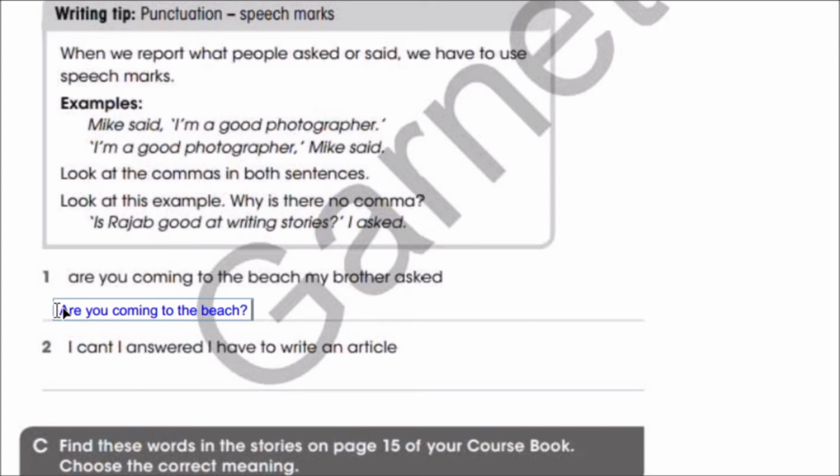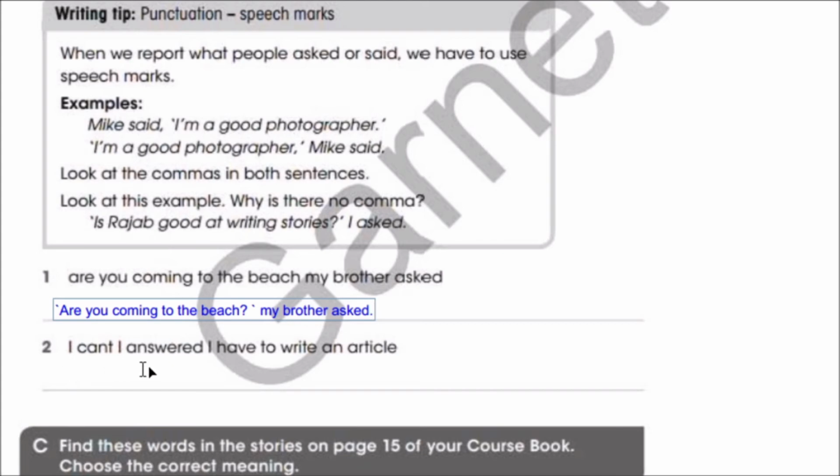And then we put another apostrophe and we say "My brother asked." Very good. "Are you coming to the beach?" We used two speech marks here and here, and then we said, "My brother asked." Let's look at number two.